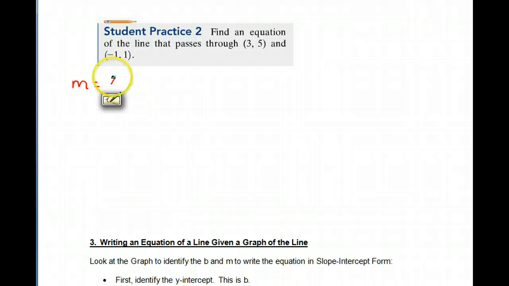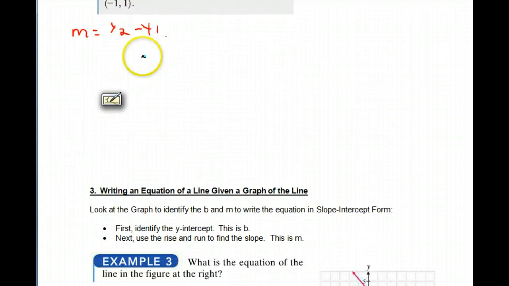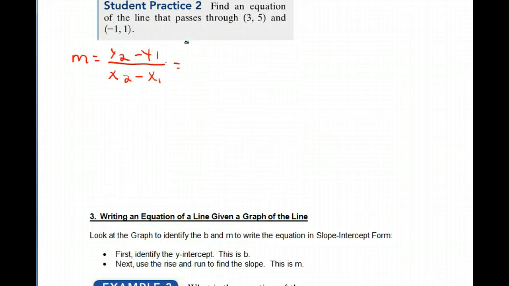Okay, at this point you should be ready to check your answer with me. So I'm simply writing in the slope formula for us to use here. I have y2 minus y1 over x2 minus x1. And again, it makes no difference which point we use as 1 and which point we use as 2.